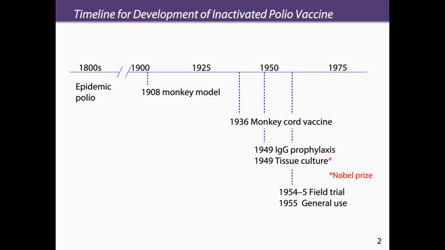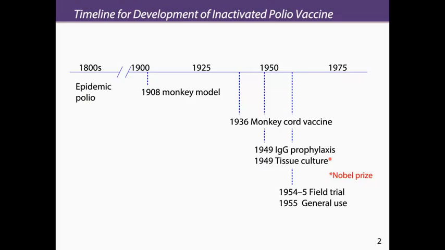In 1936, the very first polio vaccine was developed. Unfortunately, the vaccine was incompletely inactivated, and wild-type virus was actually administered instead of an inactivated vaccine, and many children developed polio as part of the clinical trials that were involved with that vaccine.